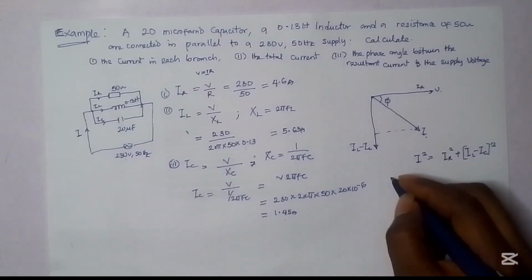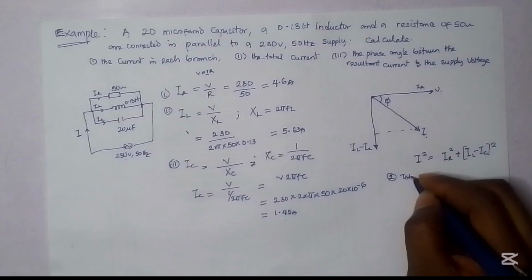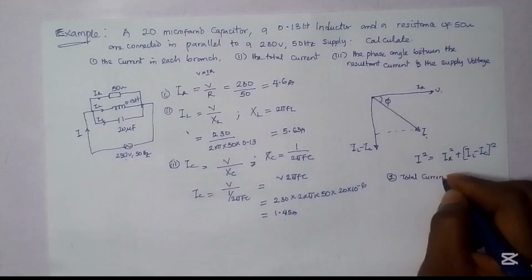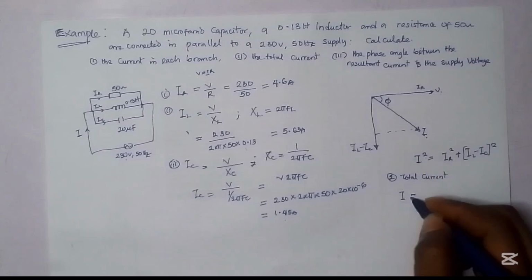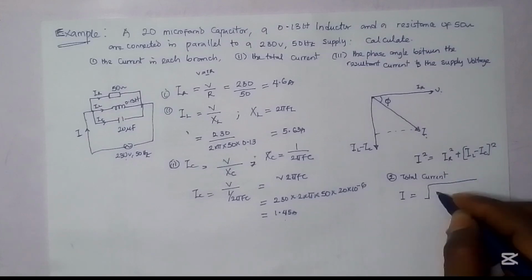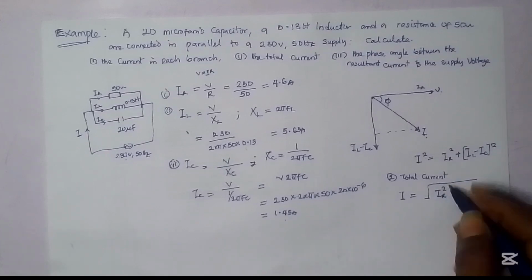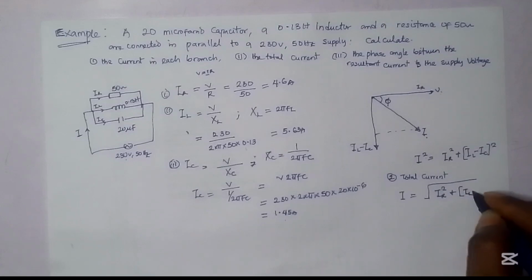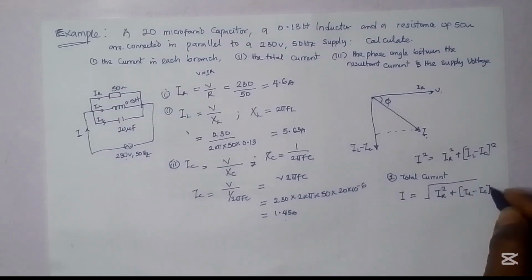So the total current I will be equal to the root of IR squared plus (IL minus IC) squared.